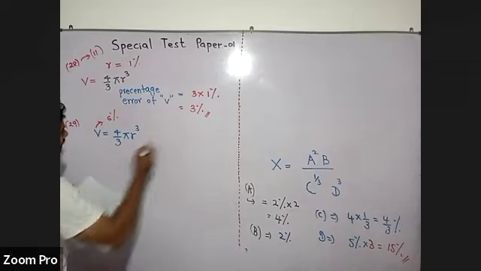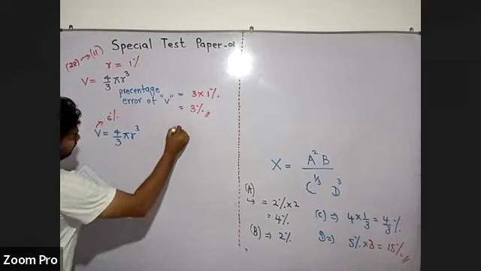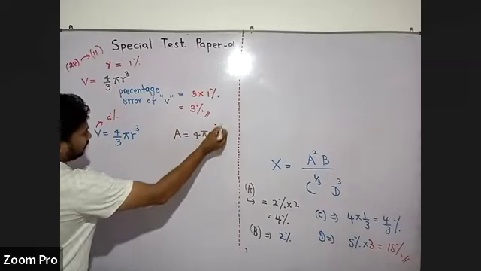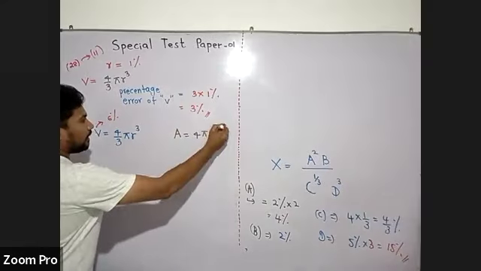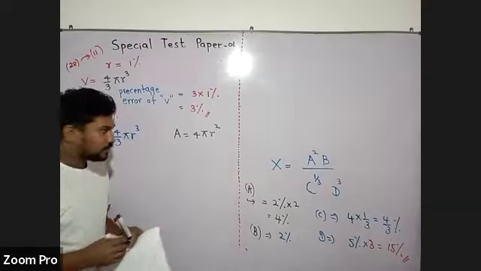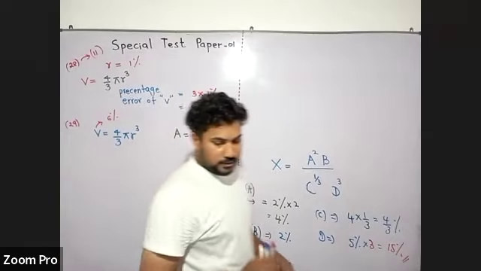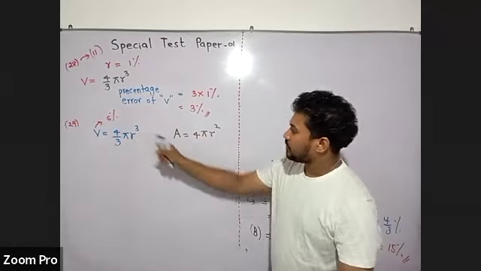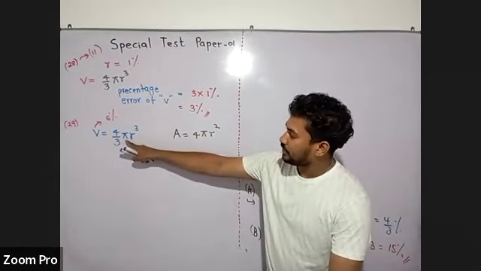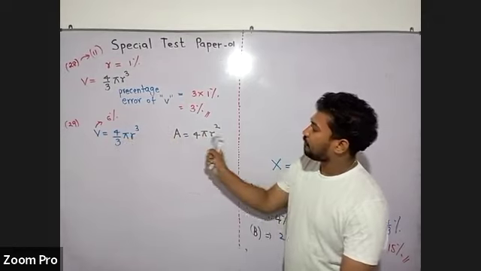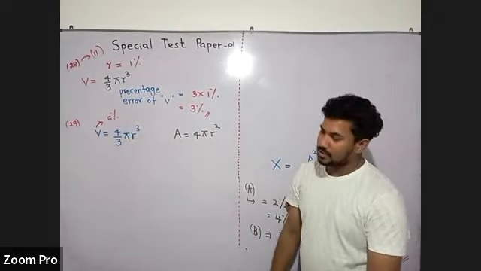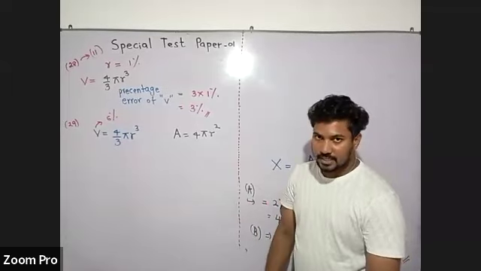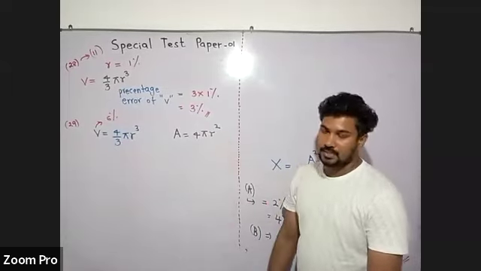You know that, guys, the surface area of a sphere can be obtained by using this equation, 4 pi r squared. Both equations have r, because 4/3 pi and 4 pi are just numerical values, so there is no contribution to the errors in measuring physical quantities from the numerical values.